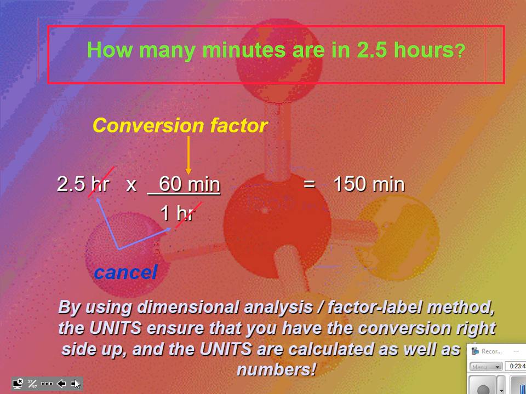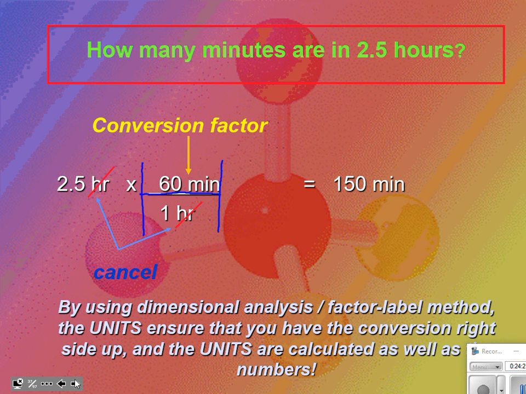Now, how are we going to use this? Well, we use that conversion factor. How many minutes are in 2.5 hours? Well, how I do this, folks, and it's a little bit different. I set up what I call a conversion box, and I have that conversion box in blue here. And in my conversion box, what do I put in the numerator?